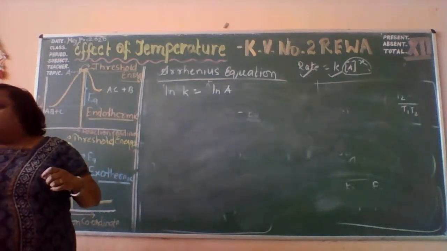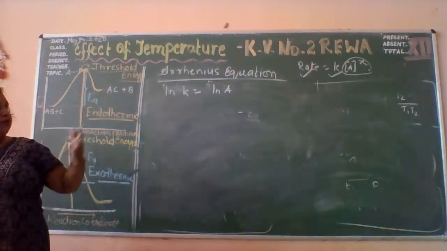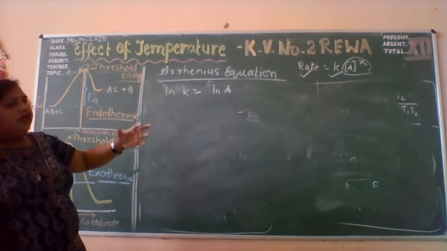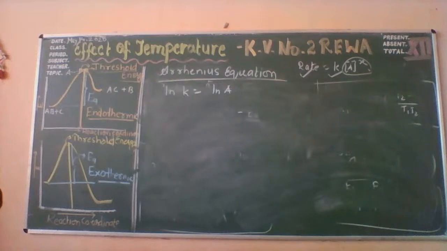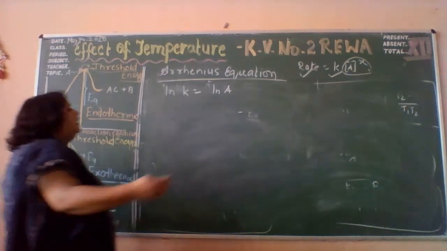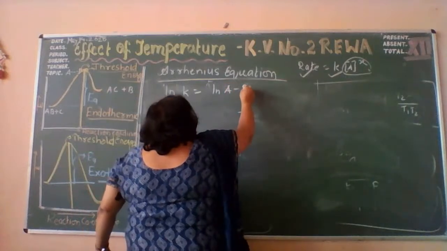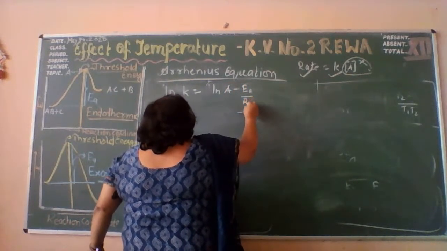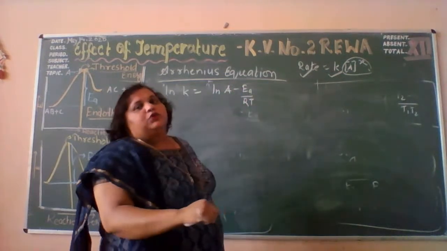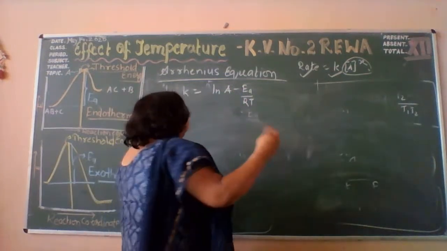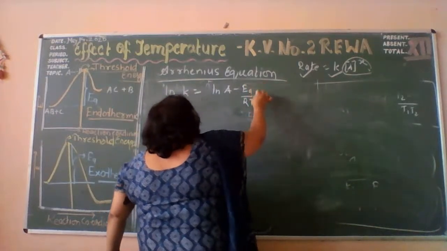Or otherwise if you want to take the last one, that also you can take here. So whenever I take the equation, you will find log K is equal to log A minus EA upon RT. Best is to take the last equation, that is far better.